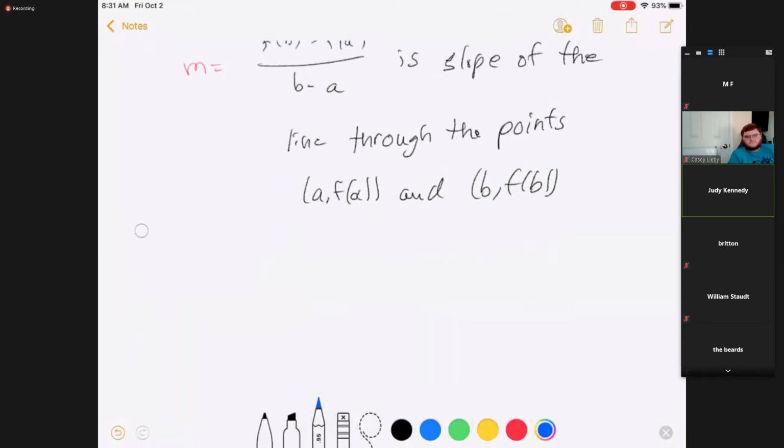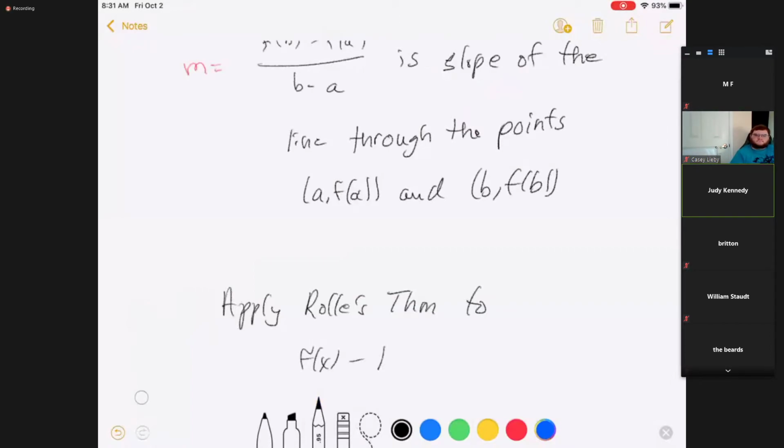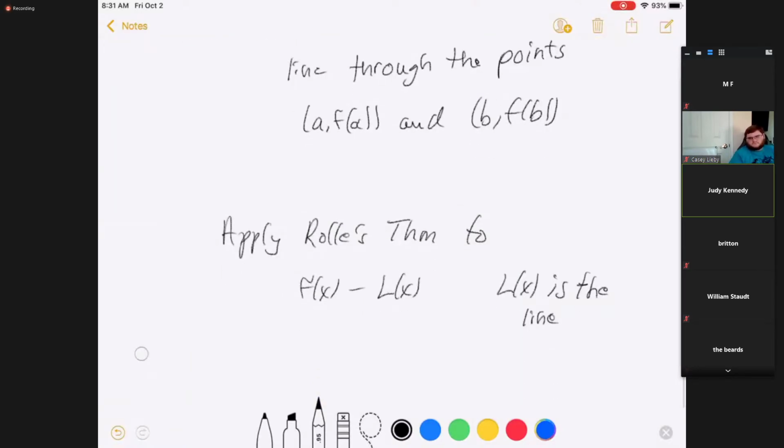So you apply Rolle's theorem to f of x minus L of x, where L of x is the line through A, f of A and B, f of B. Because then, for this new function g of x, g of A is equal to g of B, and you can apply Rolle's theorem.